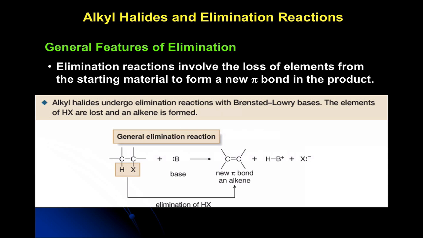If the halogen was on the beta carbon, how would we know which carbon was alpha? That's exactly right. The one bearing the halogen is the alpha carbon, and all the carbons attached to it are the beta. So we're removing the hydrogen from the beta carbon, okay? And so we call this beta elimination, okay?